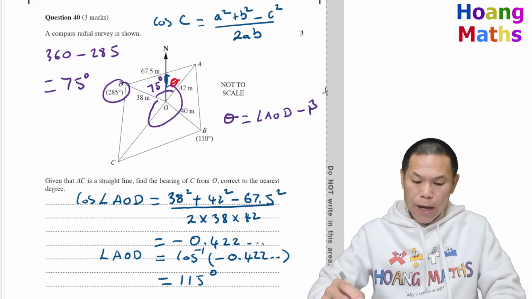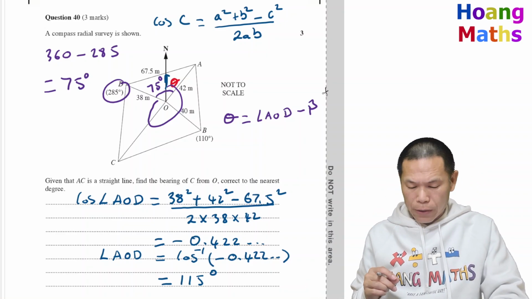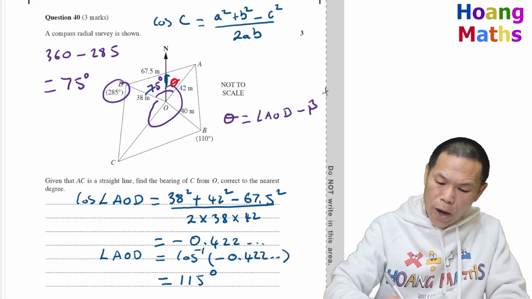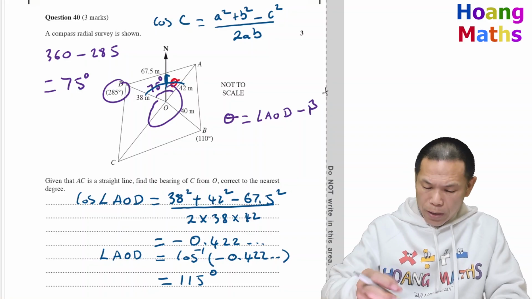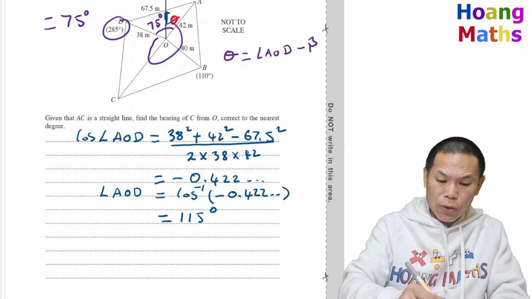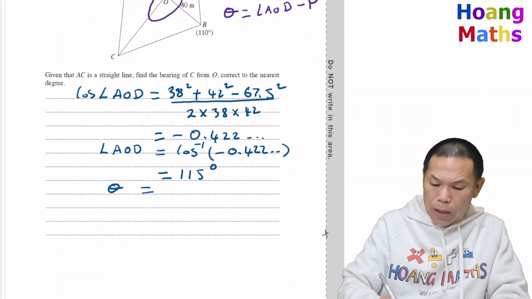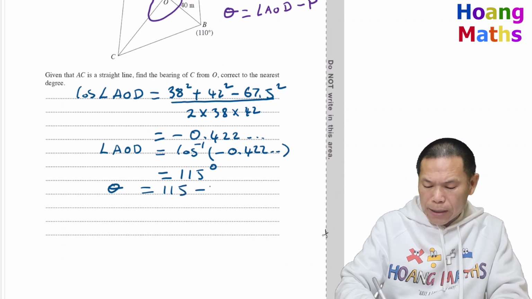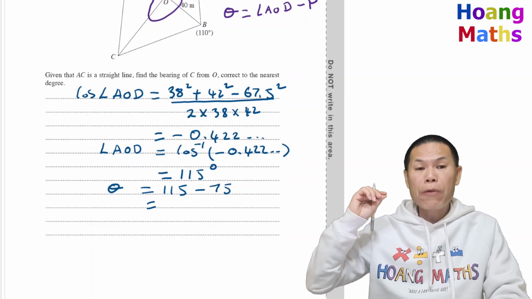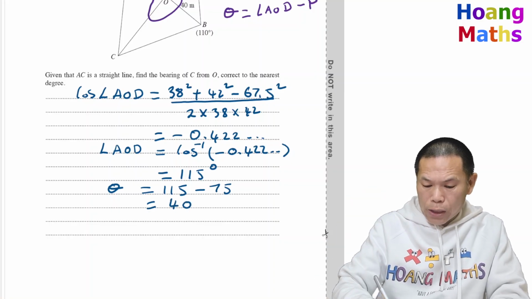Now we can work out angle theta by using 115 degrees. We minus 75 because the whole angle here is 115 degrees, and we minus 75 degrees to give us the angle theta. Angle theta is 115 minus 75. 110 minus 70 gives me 40, and the 5s cancel out anyway, so that is 40 degrees.